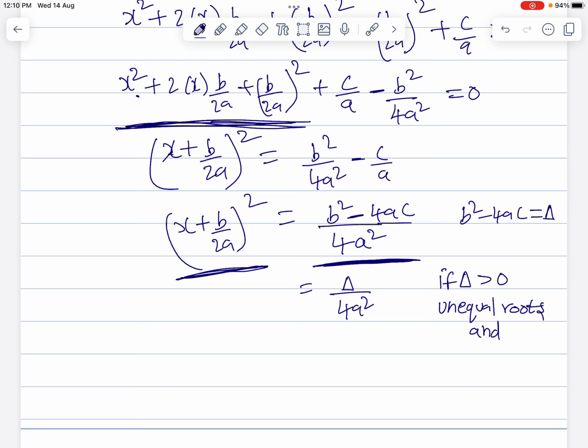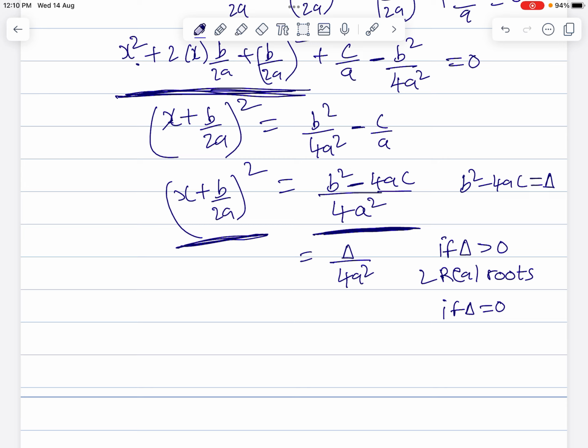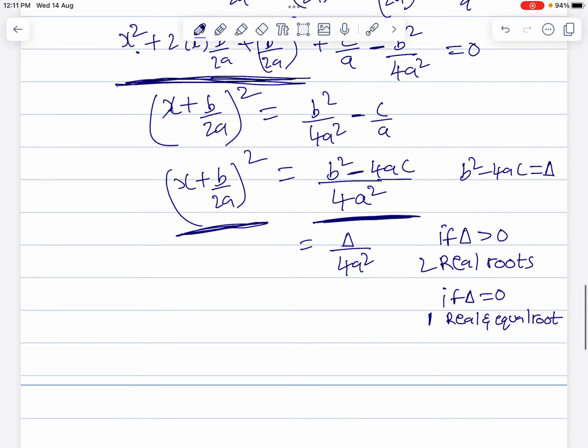and we will have 2 real roots. If delta is equal to 0, we will have 1 real and equal root.